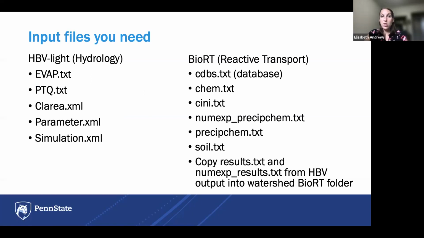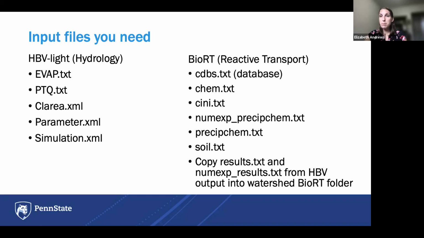Then the model will create the XML files that you see there. We will be providing all of these for the watershed that we'll be using in these test cases. So you won't need to create this, but just know that this is something that you need, especially the evap.txt and the ptq.txt to run the HBV light model.